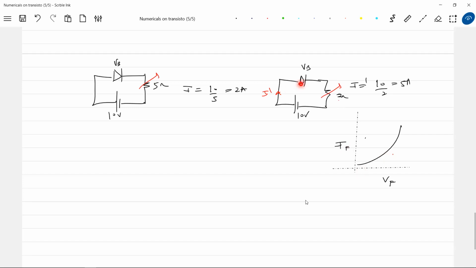Even if I write 0.5 volt, the forward bias across that will increase. Forward bias will decrease. If current increases, then forward bias will increase, no? Okay, sir. There's a rule which we have to accept here. Otherwise, there's nothing to that one.